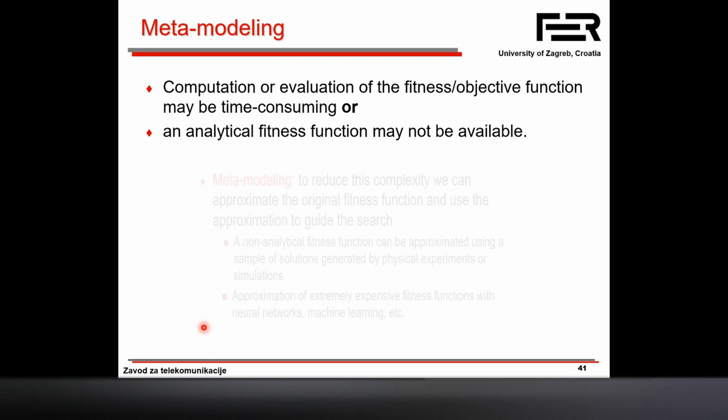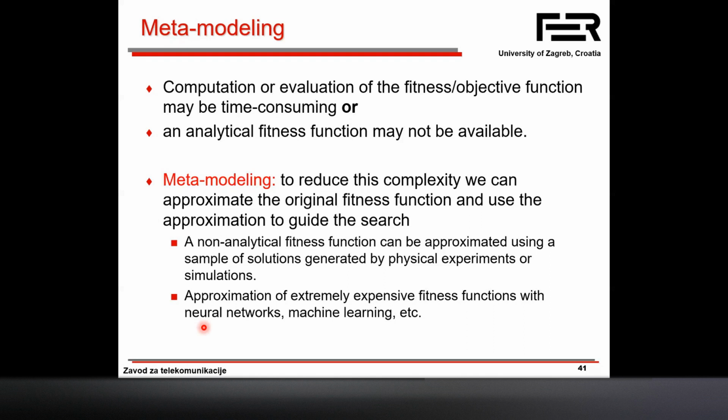We need to run some kind of simulations to find how good a solution is going to be. In that case, we might come up with some kind of approximate model, or use machine learning or neural networks to approximate these expensive fitness functions, where it simply takes too long to calculate the actual value of a certain solution.